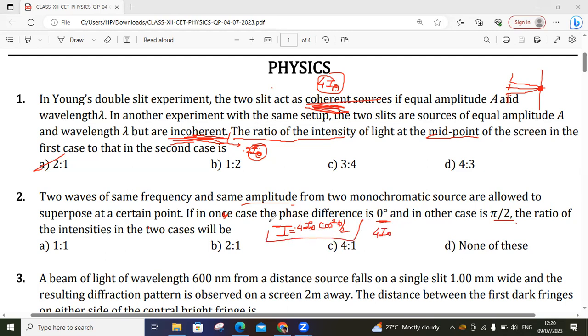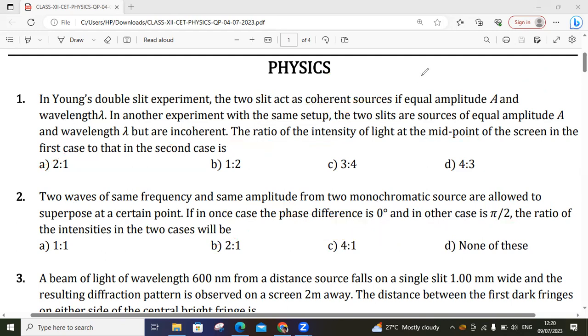In the second case, phi is pi by 2, so phi by 2 is pi by 4. Cos pi by 4 is 1 by root 2. 1 by root 2 whole square is 1 by 2. 1 by 2 and 4, 2 times cancel. So we get 2 I naught. So this by this is 2:1 again. So it is option B. Then we go to the next question.